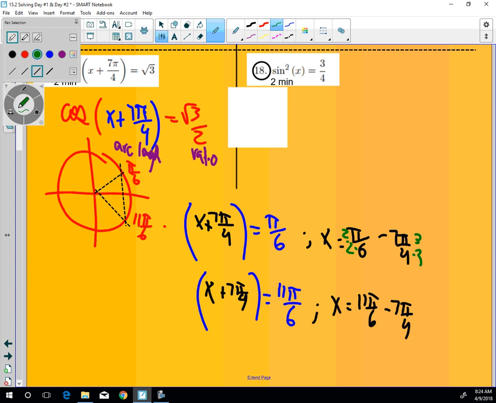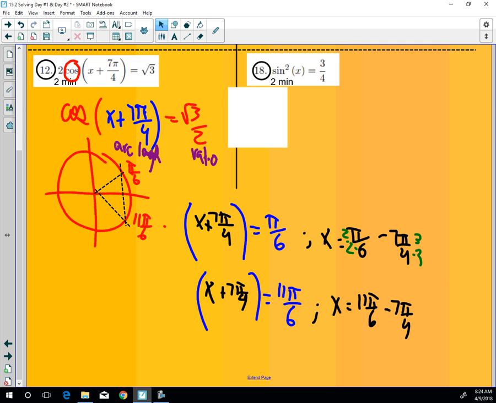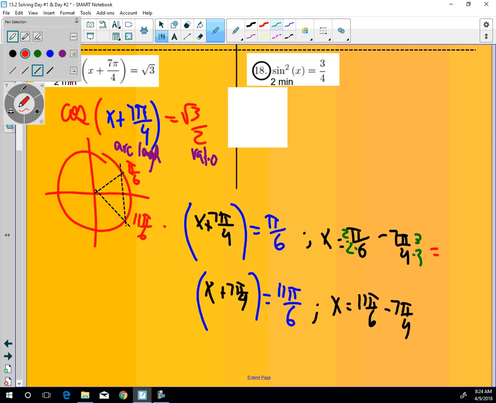Now what are the denominators? 12, so that's good. 2 pi minus 21 pi over 12 is going to be negative 19 pi over 12. There's one of your solutions.